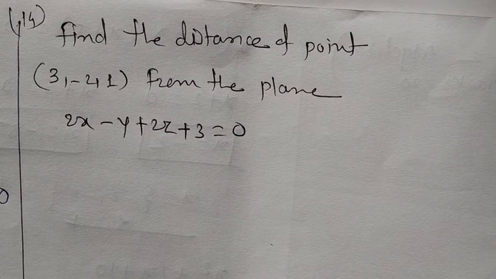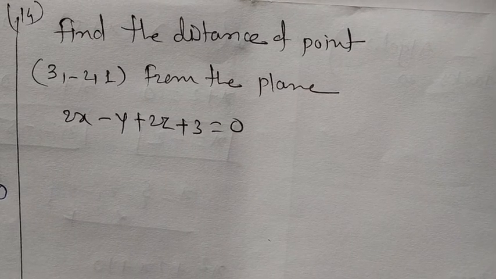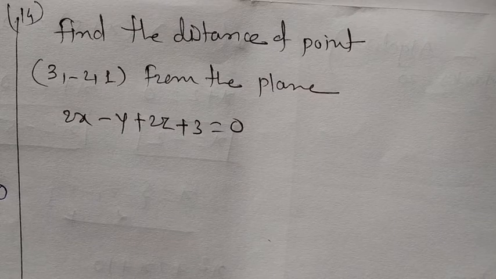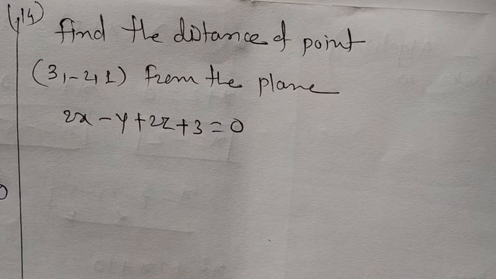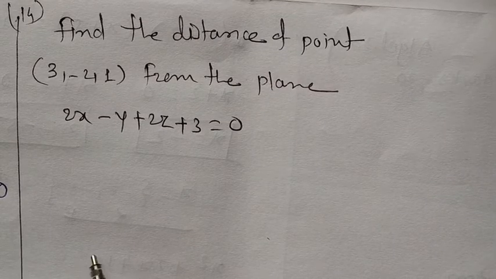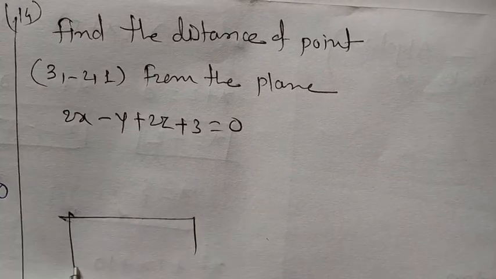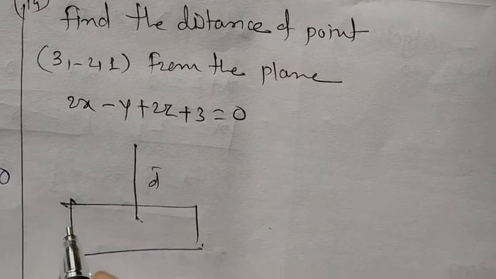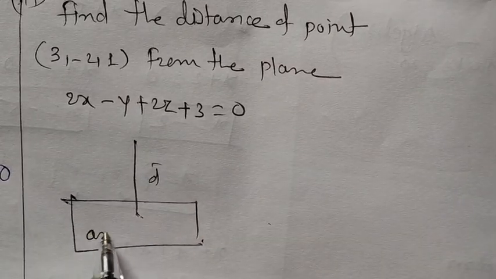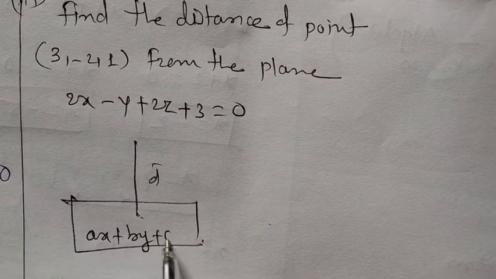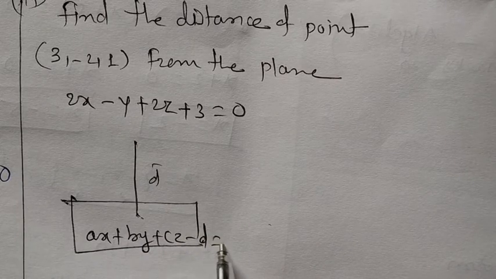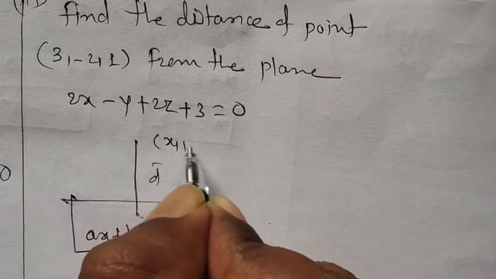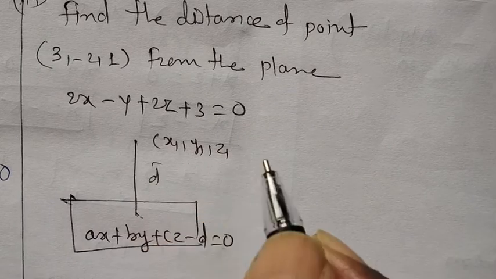Example 14 in 11.3: find the distance of the point (3, -2, 1) from the plane 2x minus y plus 2z plus 3. We know that for finding the distance of a point from a plane, suppose this is the plane and this is the point, the plane is ax plus by plus cz minus d equals 0 and the point is (x1, y1, z1).